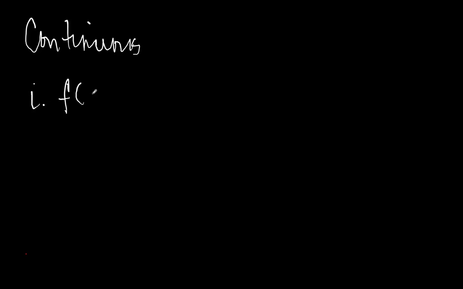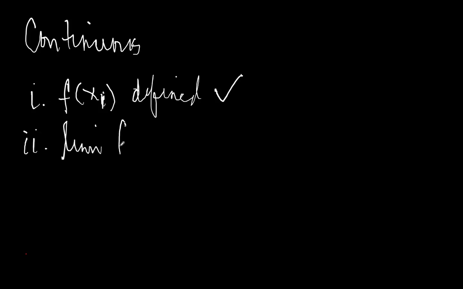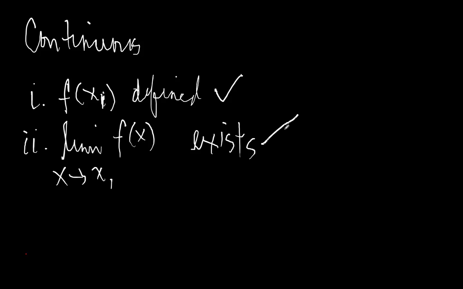Number 1, f of x sub 1 should be defined, or it should exist. And condition number 2, the limit of f of x as x approaches x sub 1 exists. And how do we show that the limit exists?